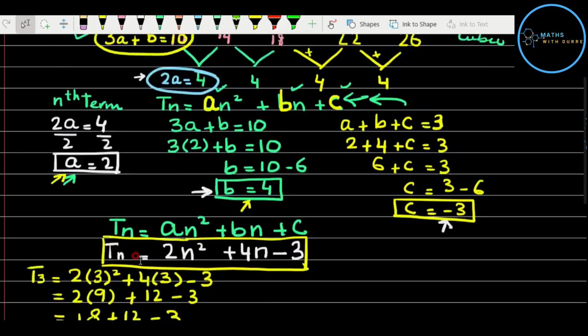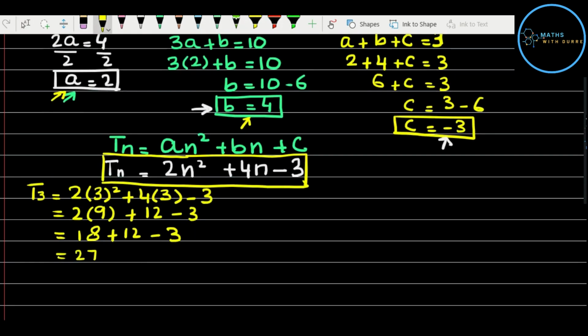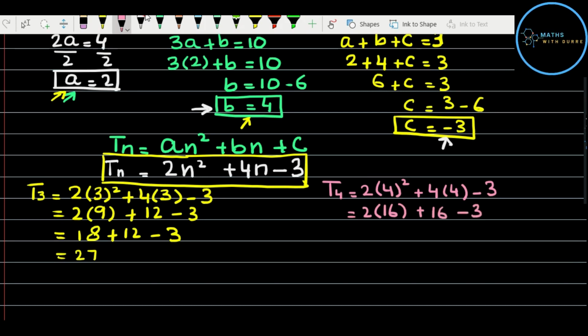That's great. So we will calculate one more term, the fourth term. It means instead of n there will be 4, and here also 4, minus 3. Now we will calculate it. 4 times 4 is 16, and 2 times 16 is 32.